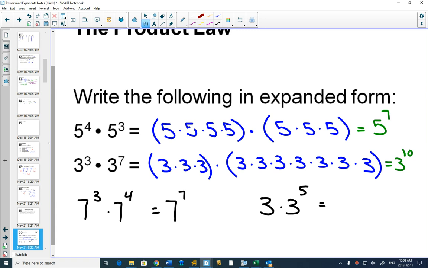I would get, no, write it in expanded form. If I write it in expanded form, I have a 3. And then I have 5 of them. What's that going to equal?